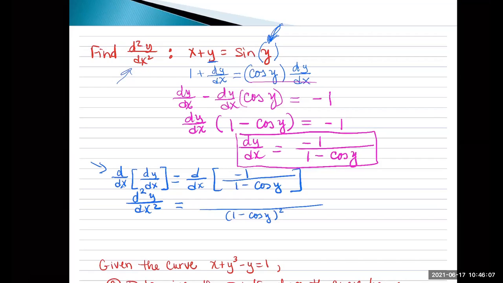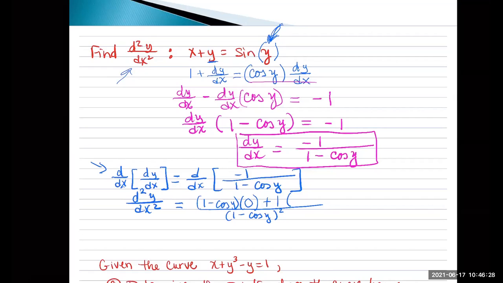On top, I have the bottom, which is 1 minus cosine y, times the derivative of the top, but the derivative of the top is just 0. Minus the top, so notice I would have minus minus 1, times the derivative of the bottom.